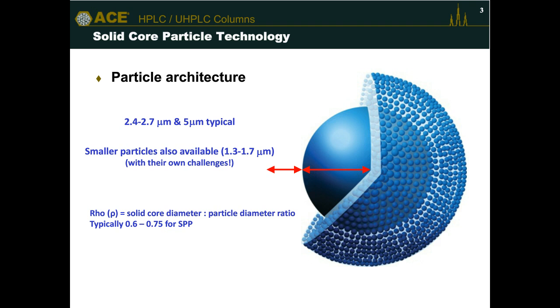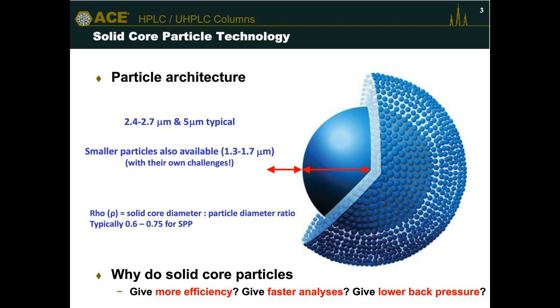And that's important because you'll see from different vendors, they have different ratios of core to coated, and therefore you might get different loadability, in terms of the surface area being different, and also different scalability of that sort of particle. So why does this type of architecture give us more efficiency, faster run times, and lower back pressure? Hopefully we'll answer some of those questions.